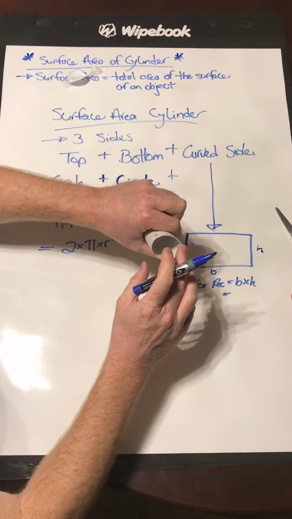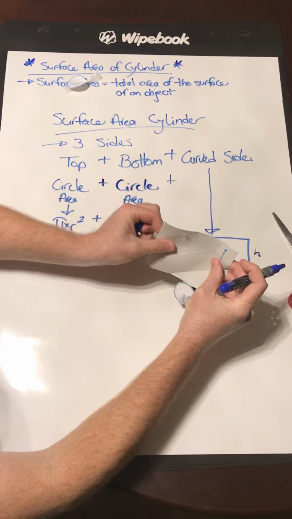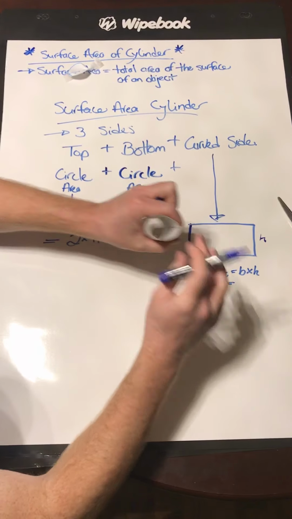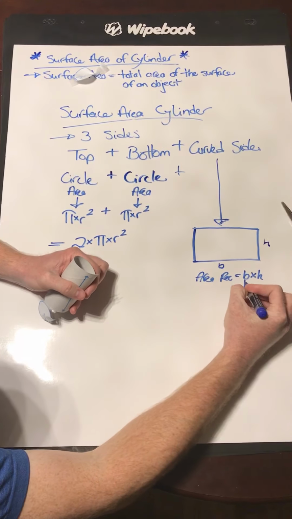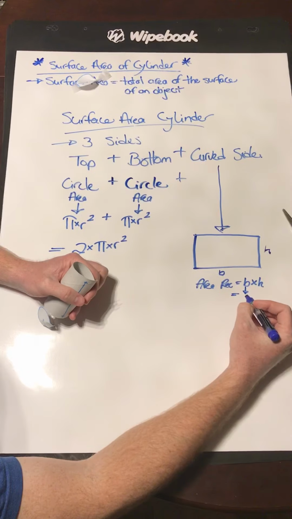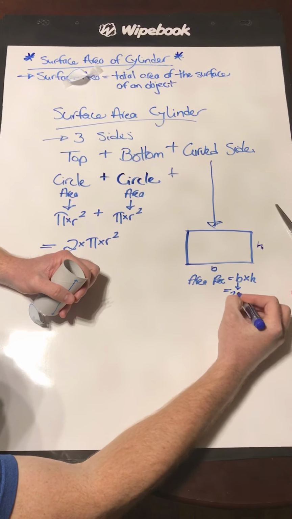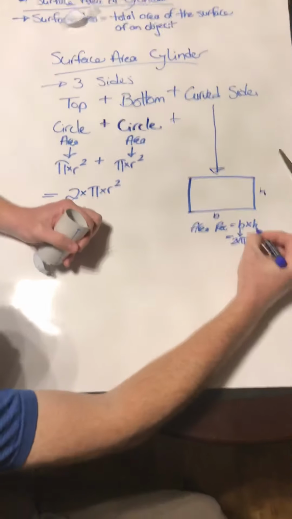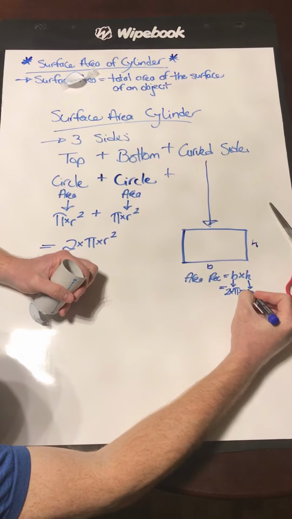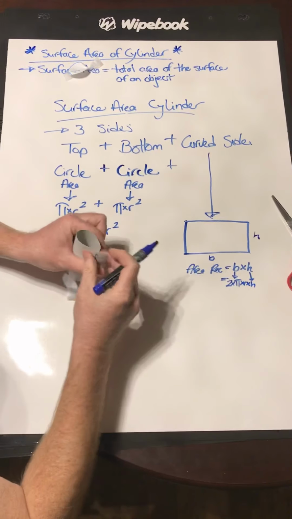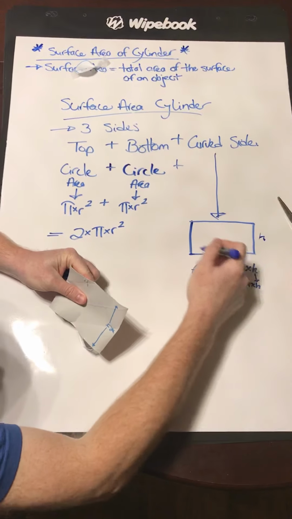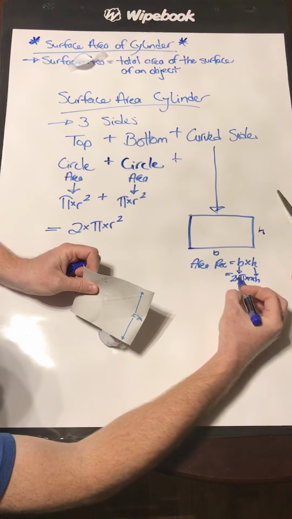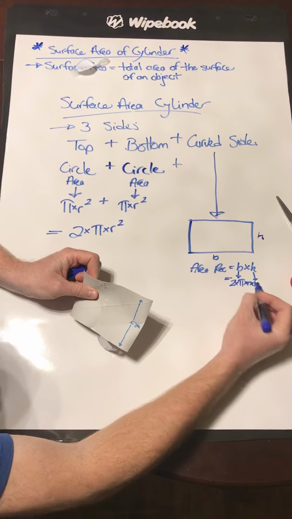So we know that this base, when we unravel it, is actually the circumference of a circle. So we can change that base, that b, into 2 times pi times r, and then we can bring down that h. So the area of this curved surface, which turns into a rectangle, is 2 times pi times r times h.